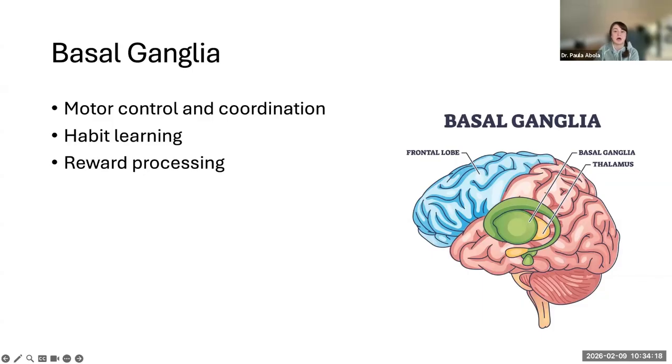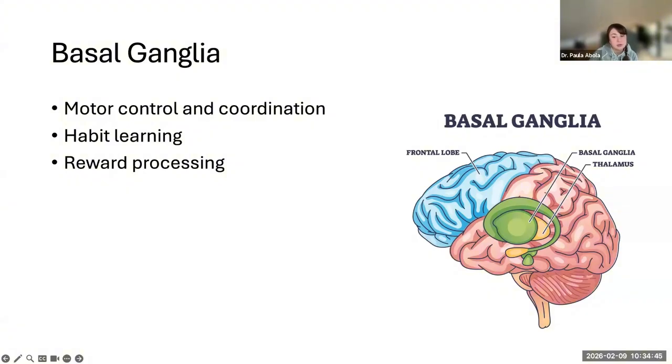They support procedural learning, which allows skills such as typing, driving, or walking to become automatic through repetition. These habit-based learning processes free up cognitive resources, enabling us to focus attention on higher level goals rather than on the mechanisms of action.